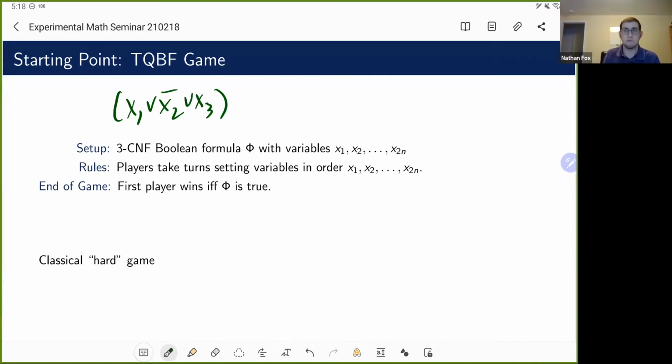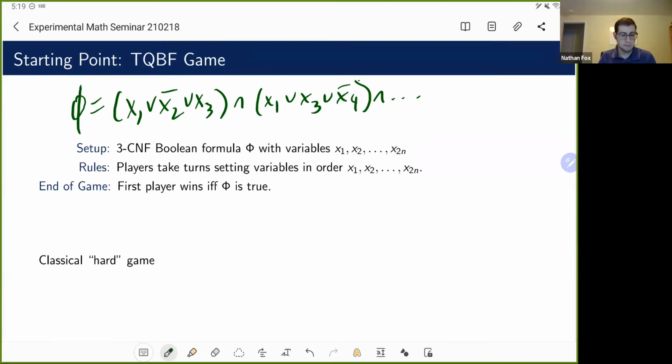These things are either true or false, or 0 or 1, depending on your favorite way of thinking about this. Every clause is an or of 3 of these things, and then the whole phi is an and of all these ors. It could have as many clauses as you want. And we say 2n because we're always going to assume there's an even number of variables.